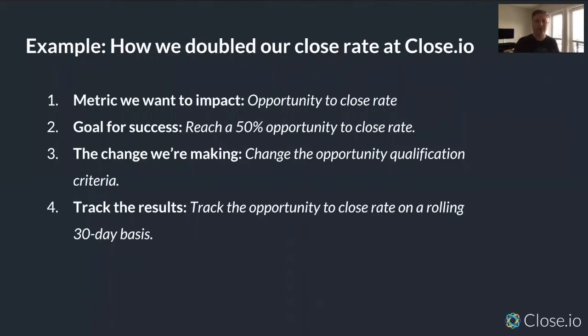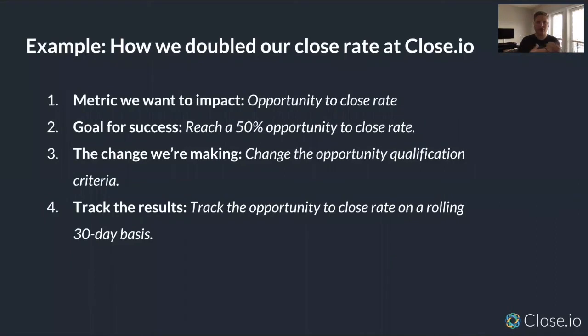So using the 4-step process that I talked about in the beginning, I mapped out that we want to impact the opportunity to close rate. Our goal is to get above 50%. The change we're going to make is to change the opportunity qualification criteria, because in interviewing the sales team, I noticed that when we did a pipeline review, they were talking about opportunities or deals that we didn't know anything about.